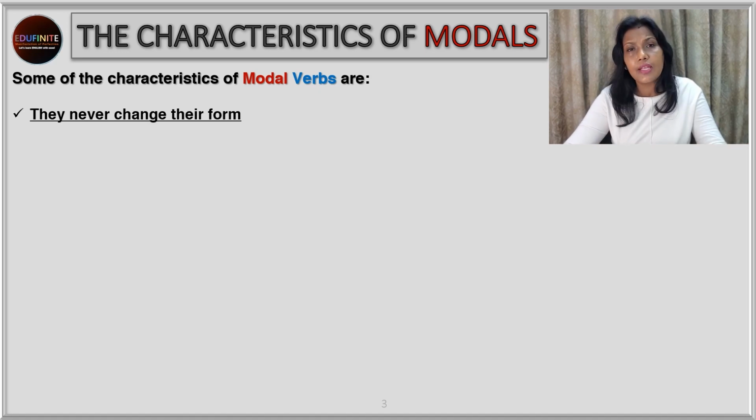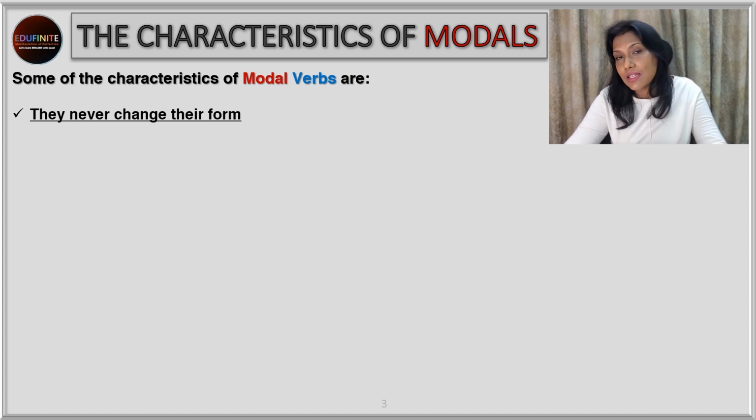We have seen in the case of action verbs, they have a different form for third person singular. Suppose it's third person plural, they play cricket. But when we say he, she or it, third person singular, it's plays cricket.